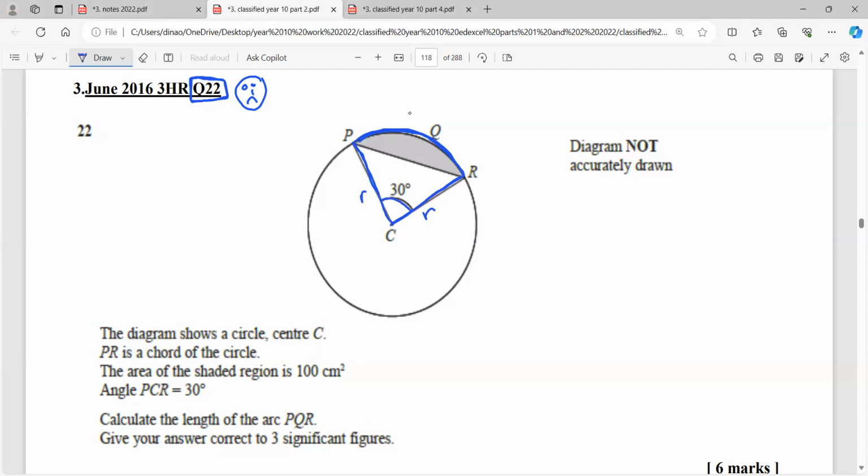Now, what is missing in this question? The radius is missing. In order to find the length of this arc, I must have a way to calculate the radius. How will I calculate the length of this arc if I don't have the radius?